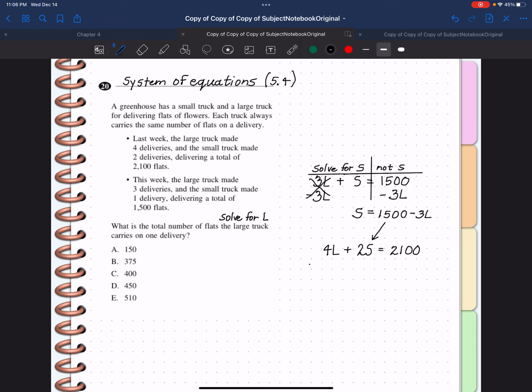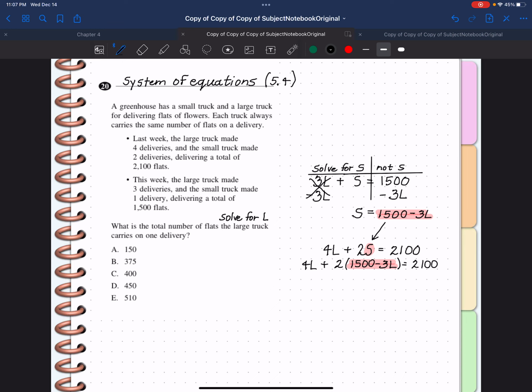So I'm going to say 4L plus 2 times 1,500 minus 3L equals 2,100. So what I've done here, I've substituted that value for S in here, and then I have written the rest of my equation down there.